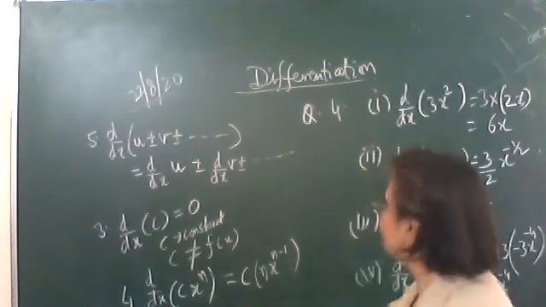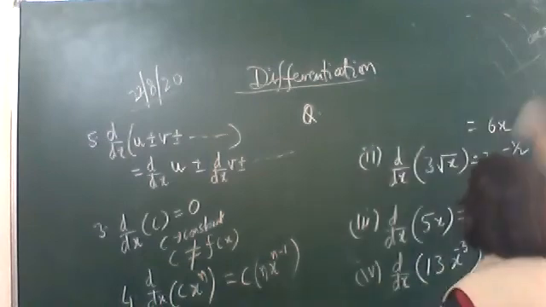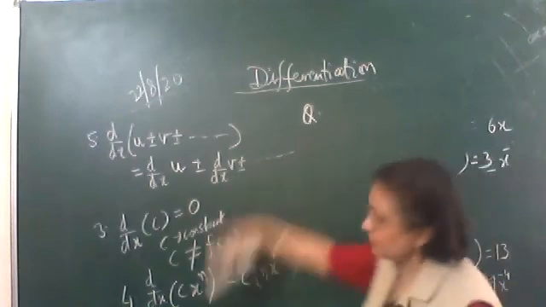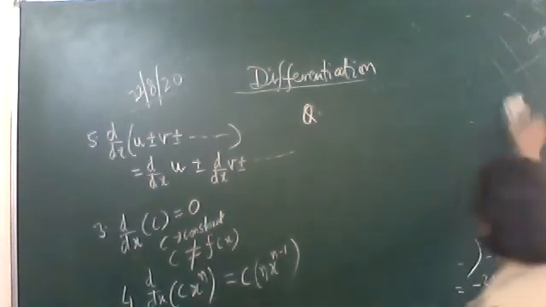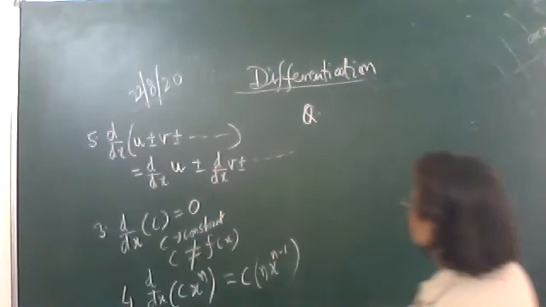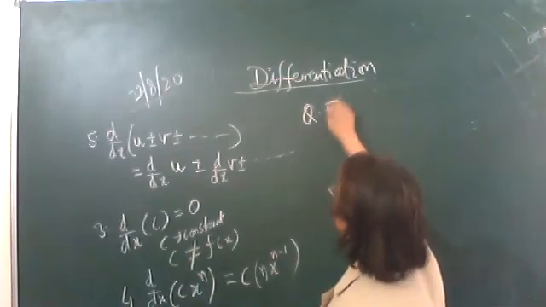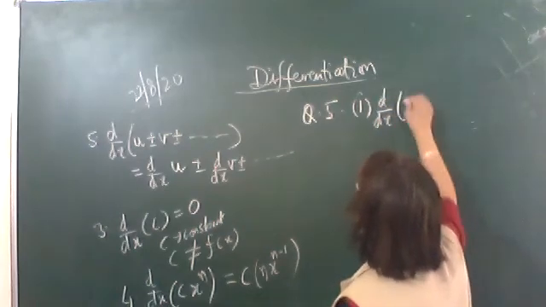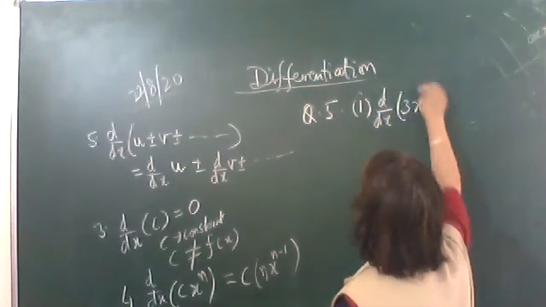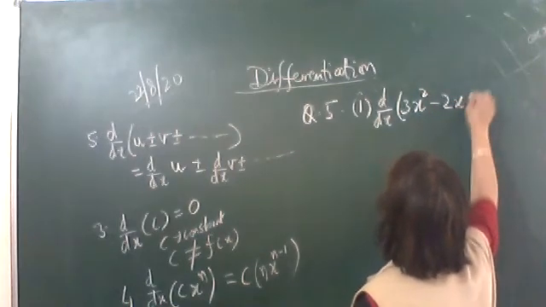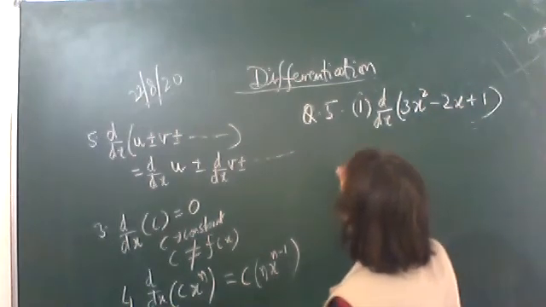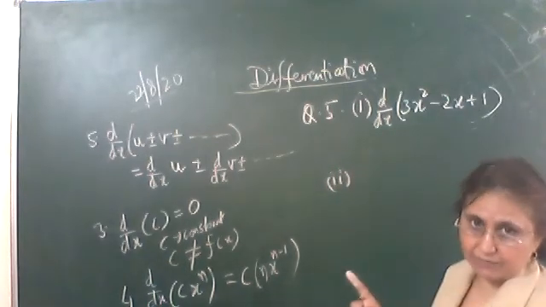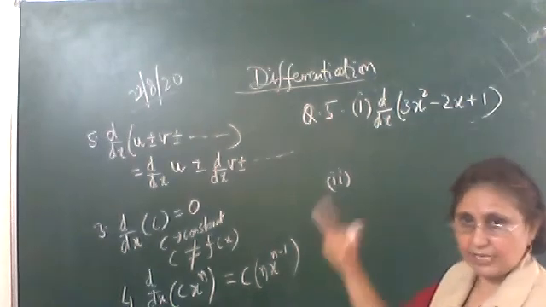Okay, based on the fifth formula, write a few questions. While solving this, we are using the above formulas. The first question, question number 5, d by dx of 3x square minus 2x plus 1. Okay, there are a number of terms, so each term will be differentiated separately using the above formulas.